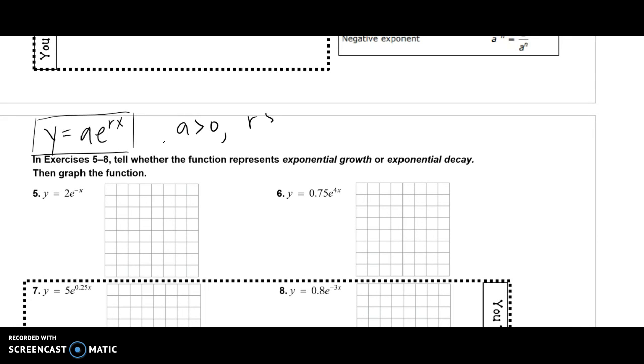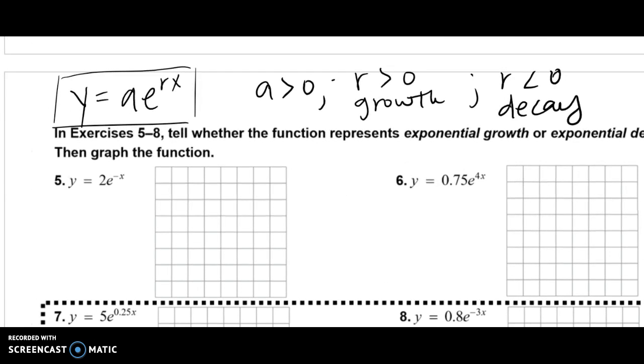If r is greater than 0, then we have growth. If r is less than 0, then we're going to have decay. So here, starting with number 5, 2 is greater than 0, and r is negative 1, which is less than 0, so that means we have an exponential decay.